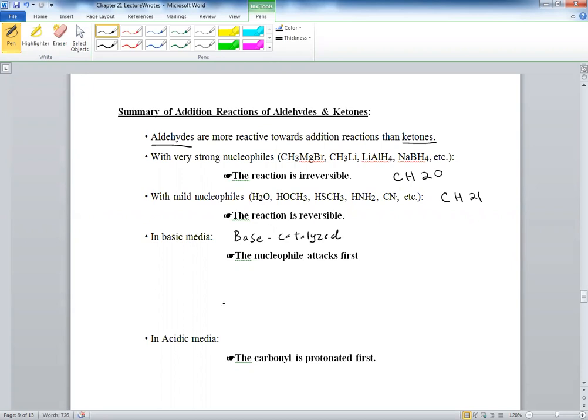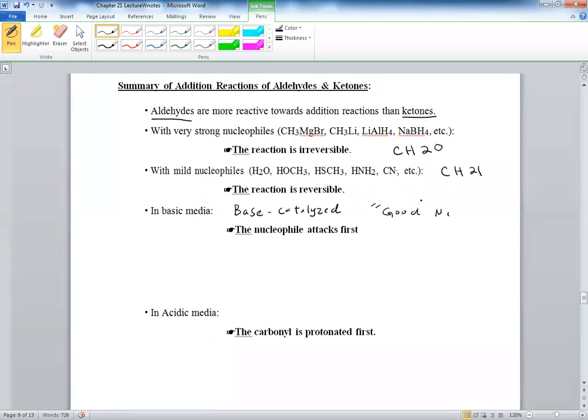recall that we have a good nucleophile or a strong nucleophile. We saw that the attack happens first. So this is an important pattern. We have a nucleophile.